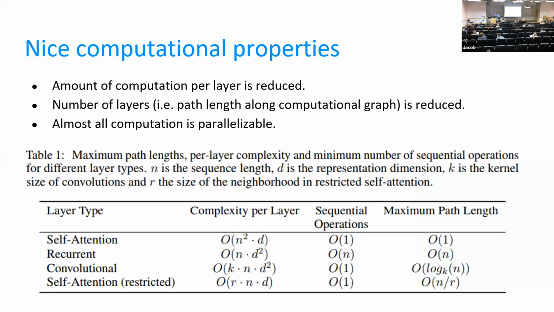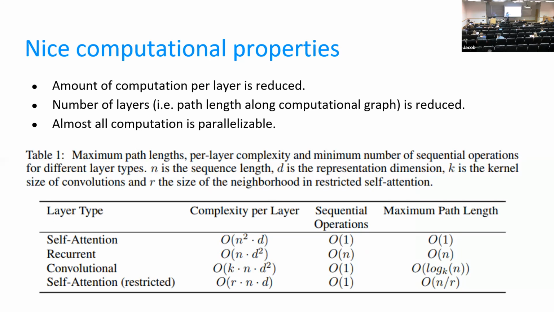Okay. So this is a note on the computational complexity of transformers. This is comparing the computational complexity of self-attention, recurrent neural networks, and convolutional neural networks. So each of these columns represents something different.